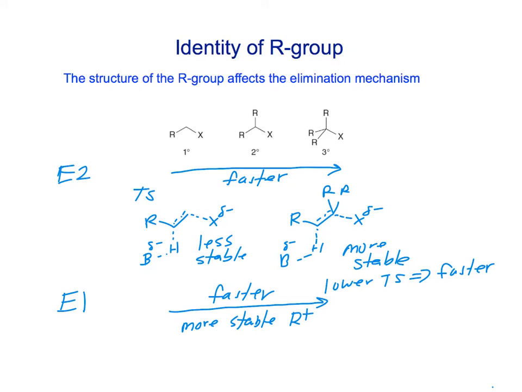Just because it's a more stable carbocation intermediate doesn't mean that it's faster, but remember that if we apply the Hammond postulate, that allows us to relate the stability of the intermediate to the stability of the transition state.